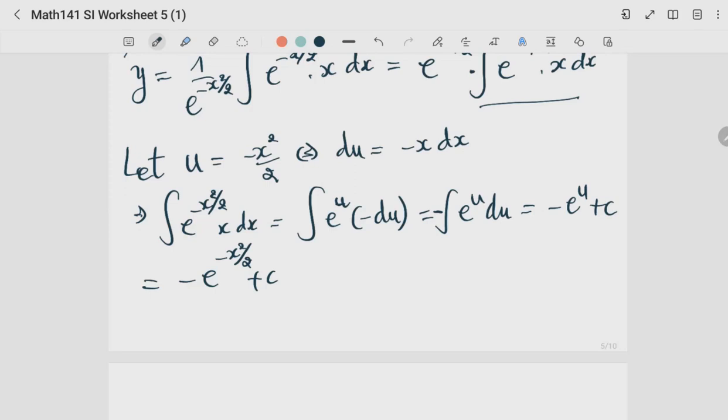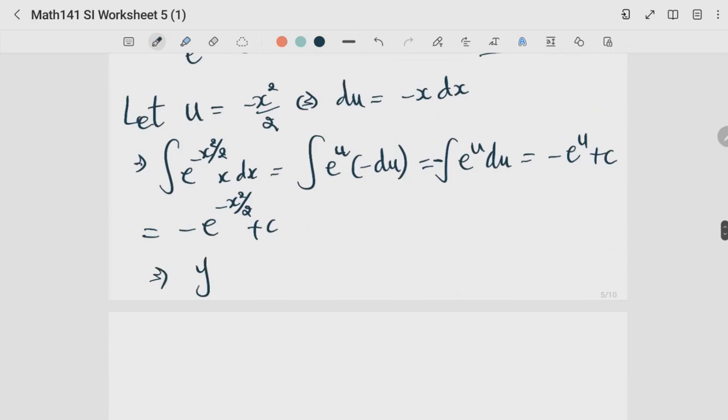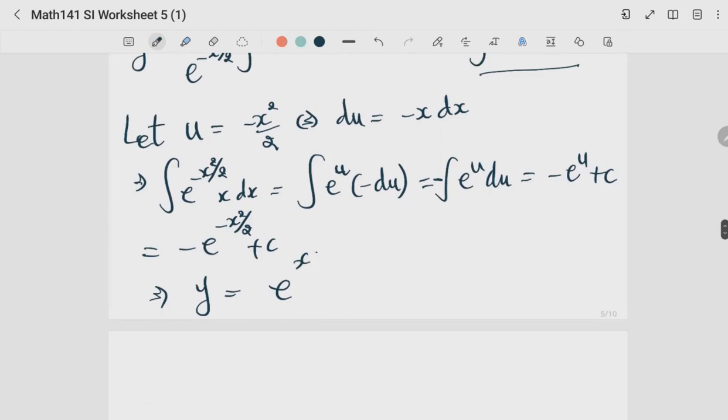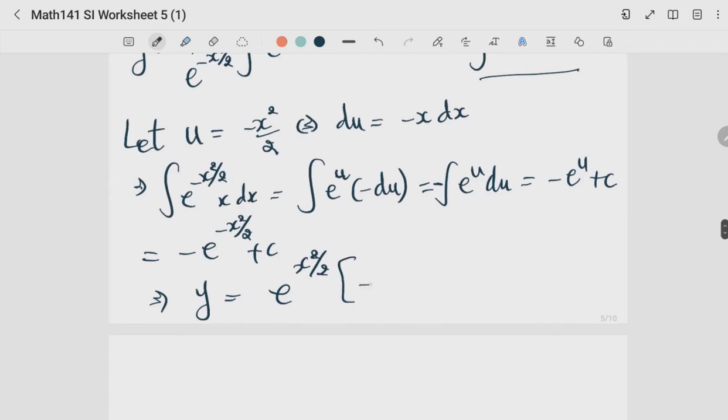And so, what does that mean? Well, it means that our y is equal to e to the x squared over 2 multiplied by what we found from our integration, which is negative e to the negative x squared over 2 plus c.